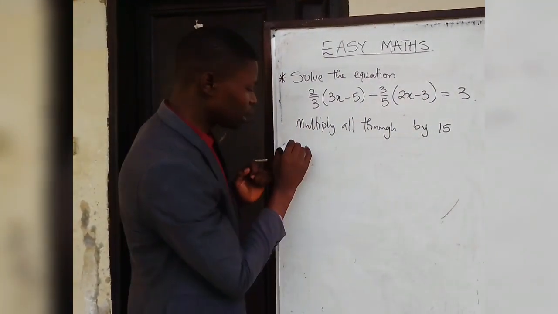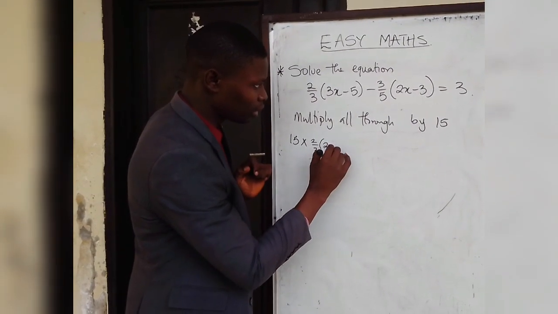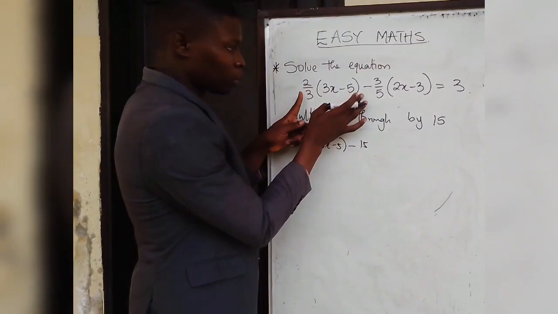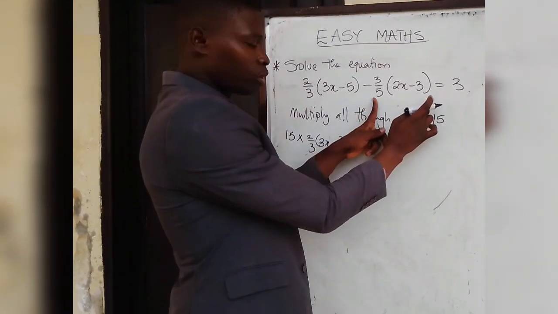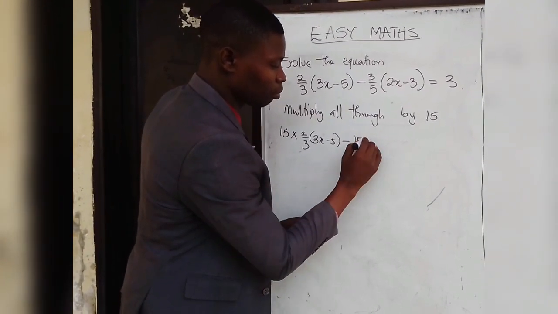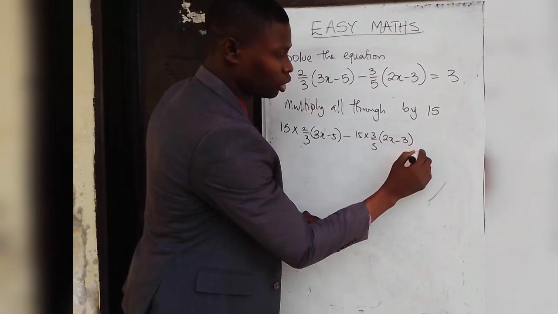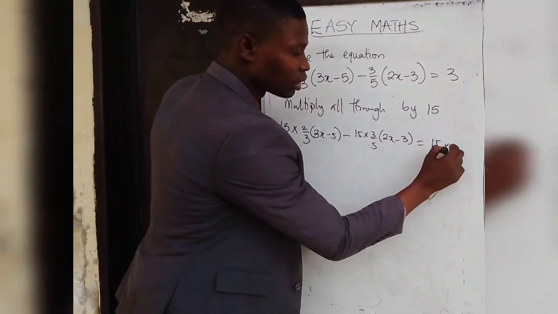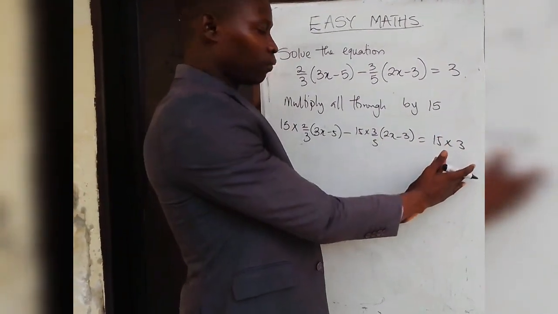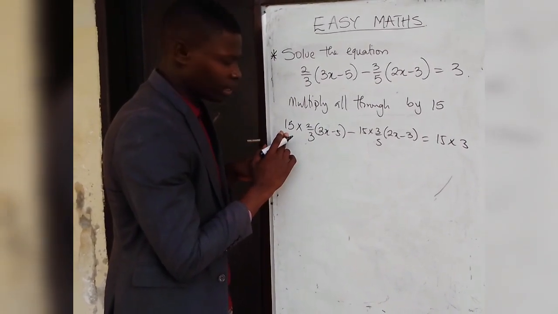So if we do that, we have 15 multiplied by 2 over 3 into bracket 3x minus 5, minus 15 multiplied by 3 over 5 into bracket 2x minus 3, which is equal to 15 times 3. If we do this now, 3 will go into 15, that will give us 5.